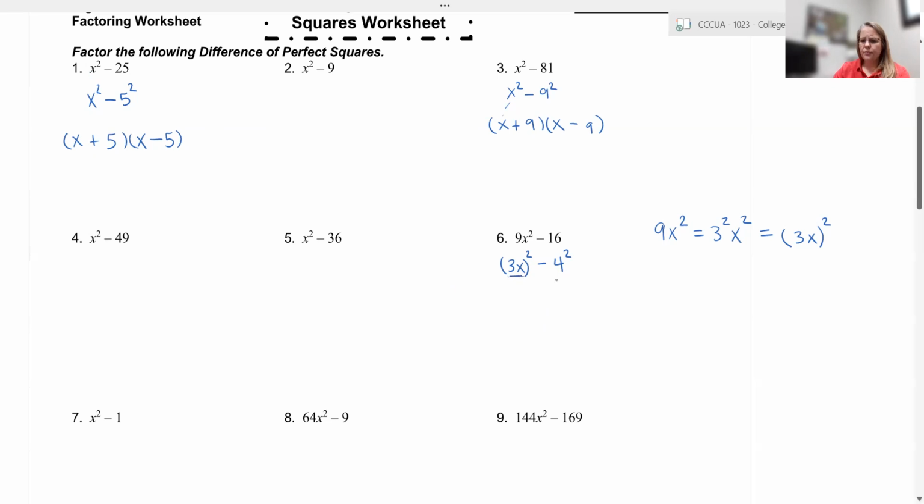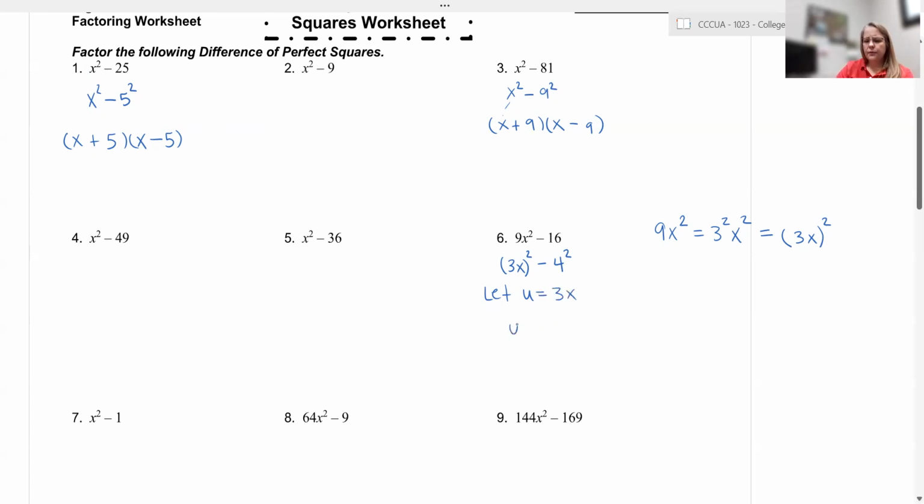When I have what I would consider a messy something squared, I'm going to use another variable. Just don't use the same variable as what's in your polynomial. So I'm going to say let u be 3x.